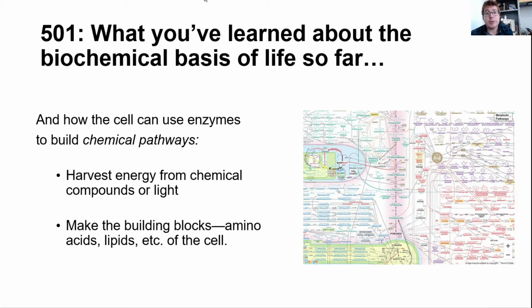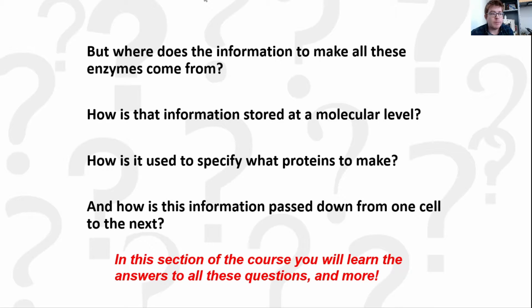And so at this stage, you have a pretty good handle on what the moving parts are inside of a living cell. But an interesting question comes from asking, where does the information to make all of those enzymes come from? How is that information stored at a molecular level? How is it actually used to specify what proteins it should make?